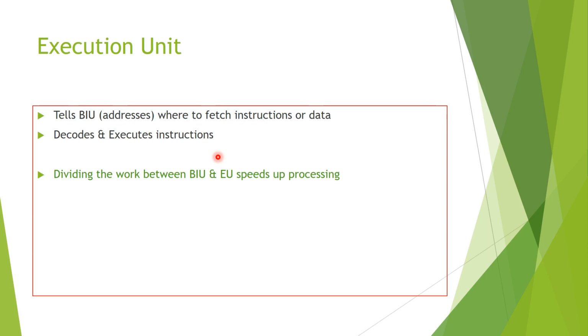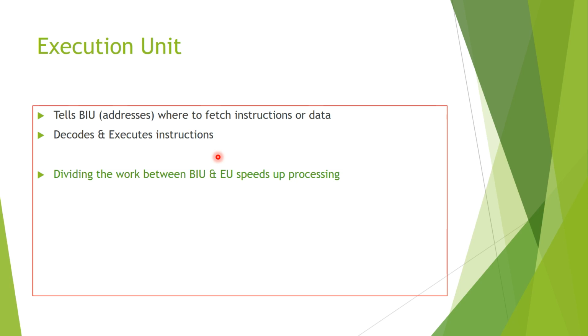up the processing. As in the 8085 microprocessor, we see that first the microprocessor will fetch the instruction from the memory, then it decodes, then it executes the instruction. So it is the serial case. First it fetches, then it decodes, then it executes.